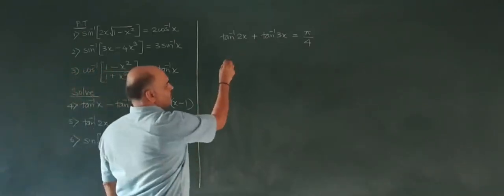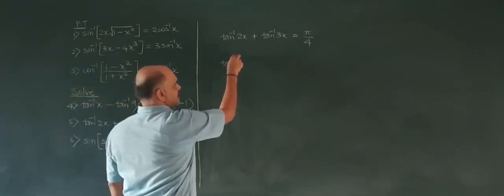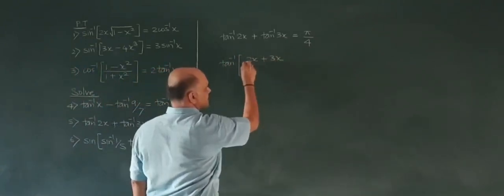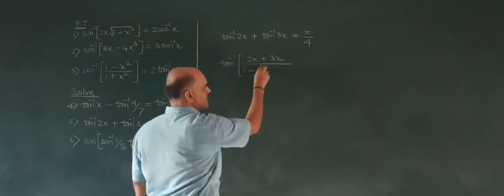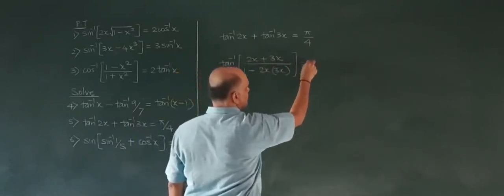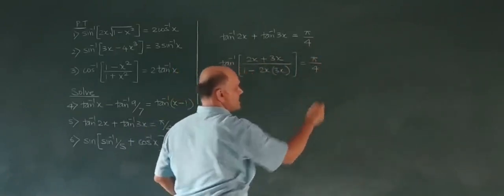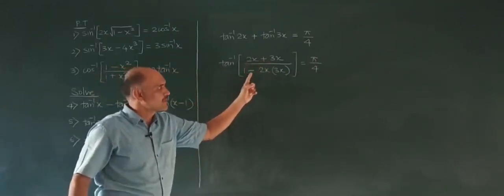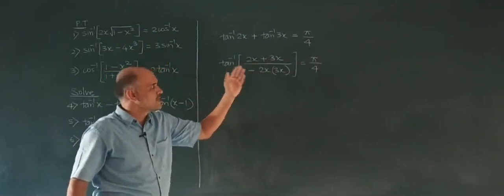So we will apply the formula on the LHS. Tan inverse (2x plus 3x) divided by (1 minus 2x into 3x) is equal to pi by 4. Tan inverse (x plus y) divided by (1 minus xy).